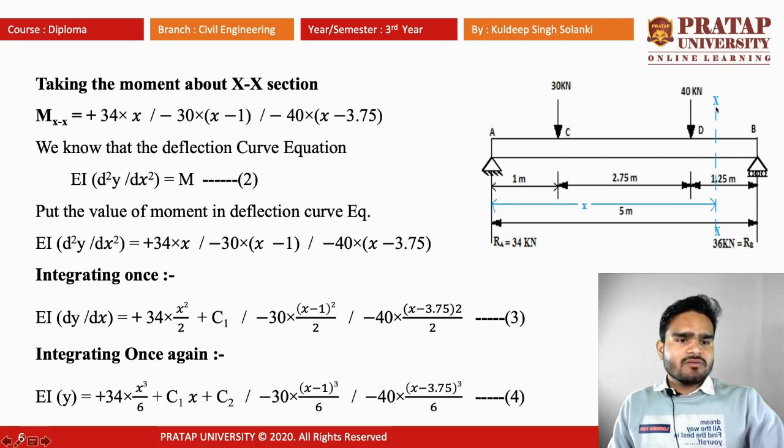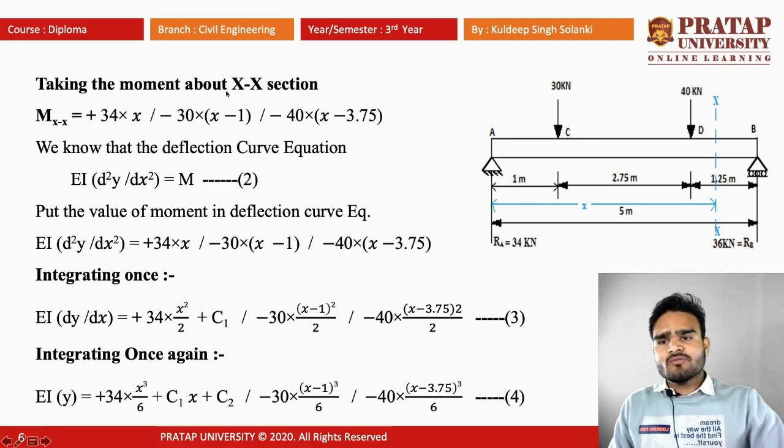Now consider the x section, and this is the x distance from A. Now take the moment about the x section. In this case, three forces are available: reaction A, the 30 kilonewton force, and third, the 40 kilonewton force.